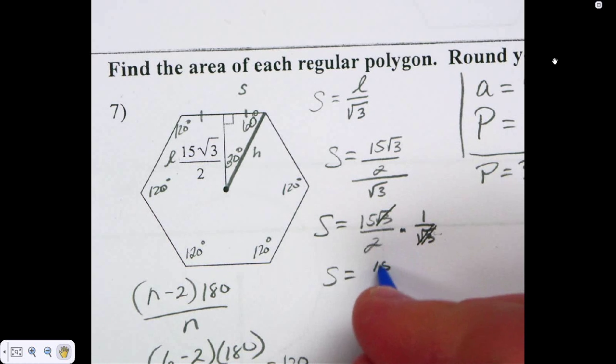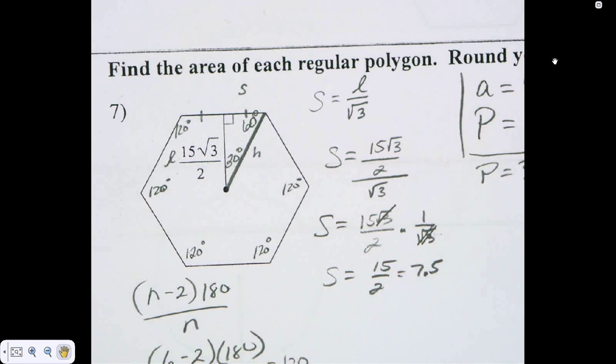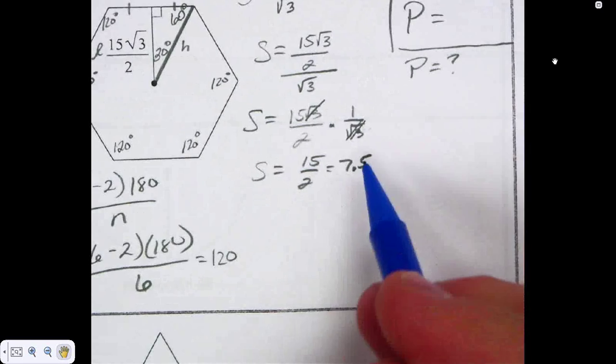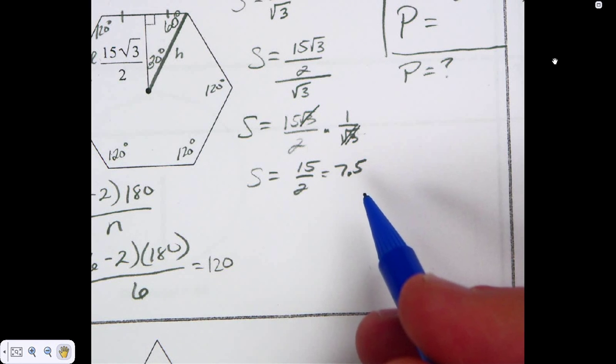So S is equal to 15 over 2, which is 7.5. Because remember, I can round to the nearest tenth here, so I can write that as 7.5 because I haven't rounded or anything, have I? Okay. What does that make? If this right here is 7.5, what's this? So what is the whole side now?